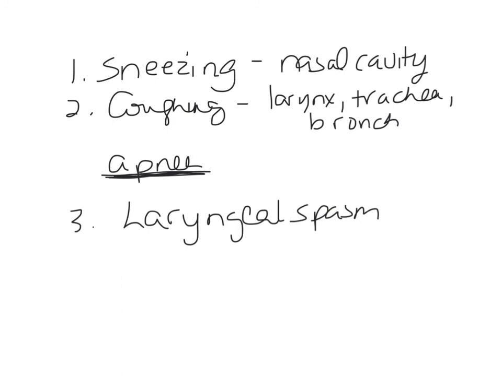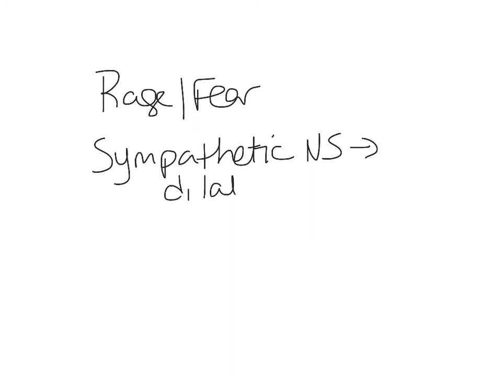There are some other voluntary things that can affect respiration, like rage and fear. That can cause you to increase respiration. Emotional states, which is anything that stimulates the sympathetic nervous system. So fight or flight or fright, right? What does the sympathetic nervous system do to the bronchioles? Constrict or dilate, right? It dilates them, so you get dilation of those airways.